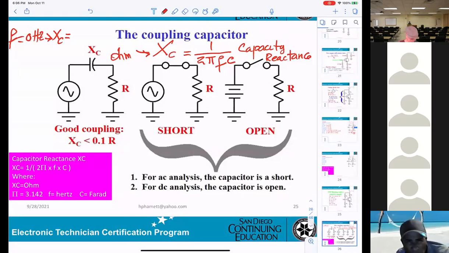It's infinity. 1 over 0 equals what? Infinity. Exactly, infinity ohms.